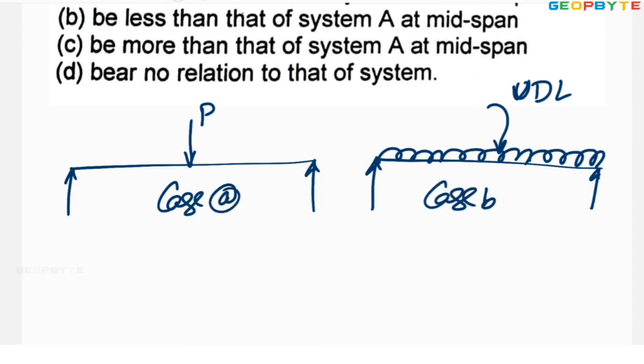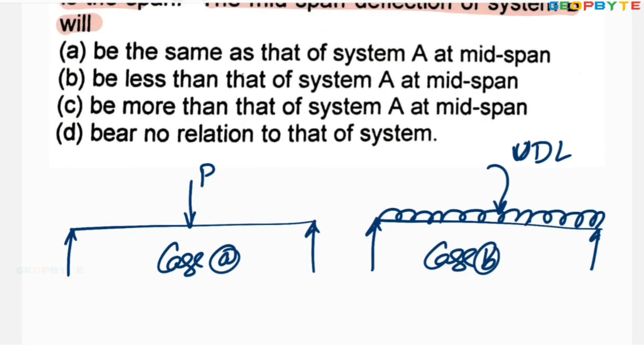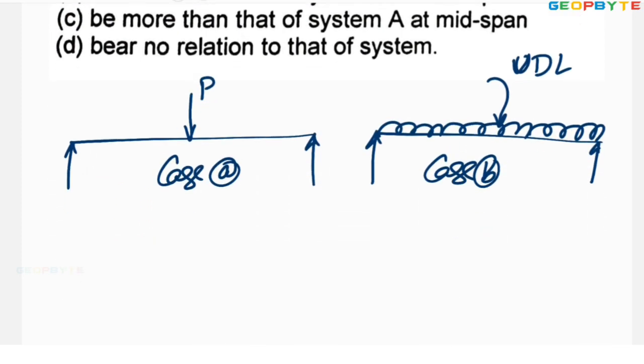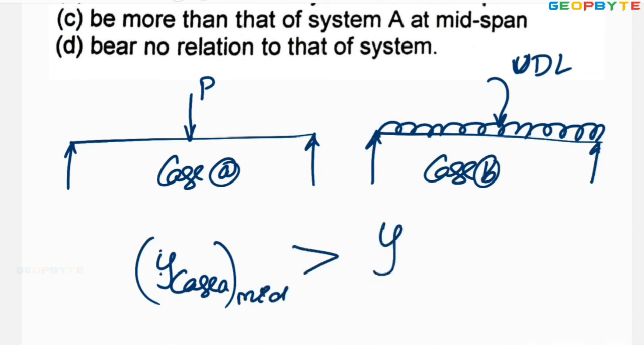Case B is asking vertical deflection in which case is more, or the midspan deflection of the system B. Remember, the midspan deflection is generally denoted by Y. For the case A at the middle is always more than the deflection in the B at the midspan.